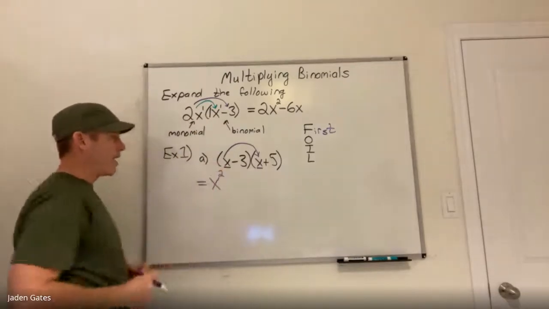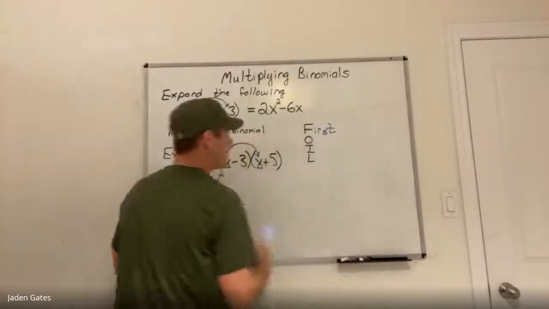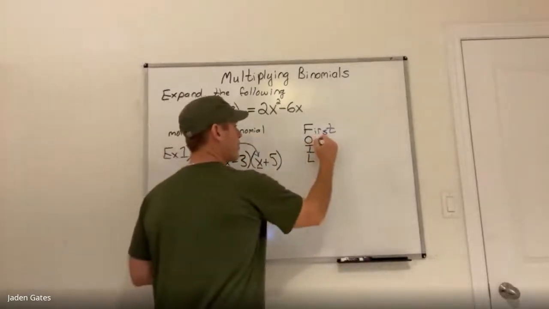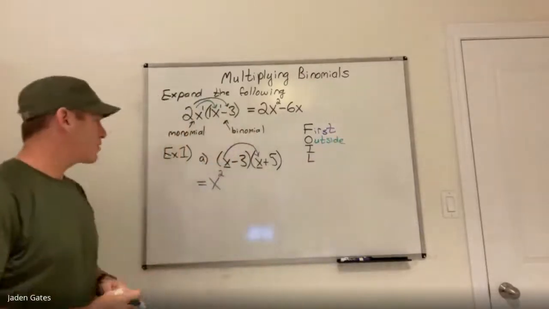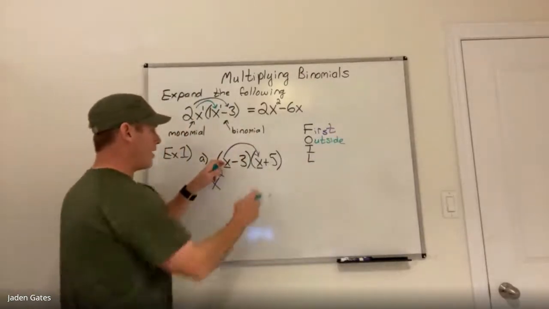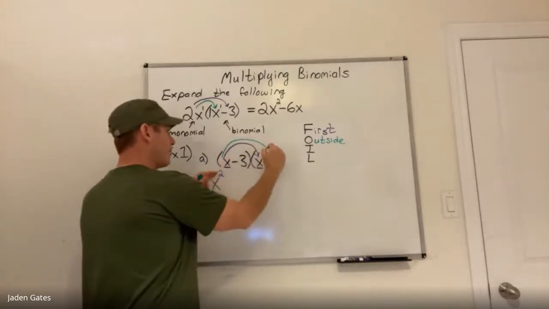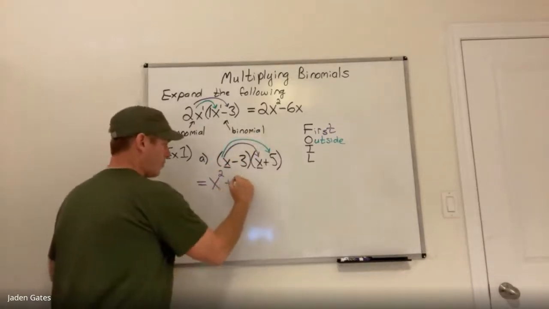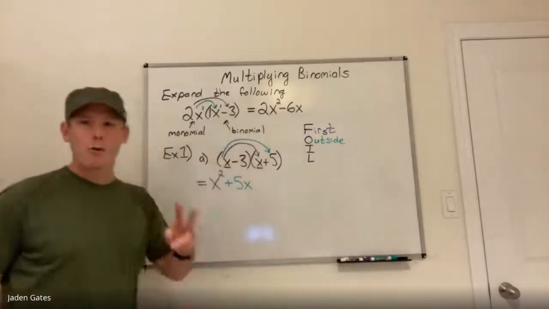Keep the base the same, add our exponents. Now the O in FOIL represents the word outside. Okay, and so the outside ones, well, this is on the far left, this is on the far right, so I'm going to do x times 5, which is a 5x.